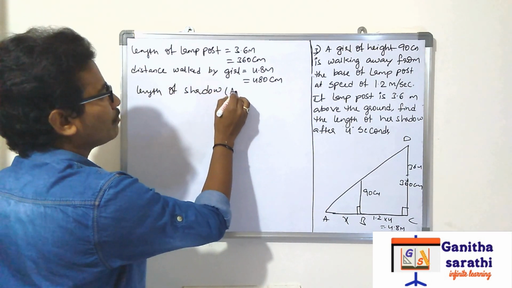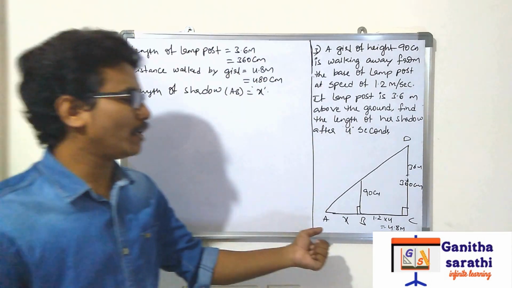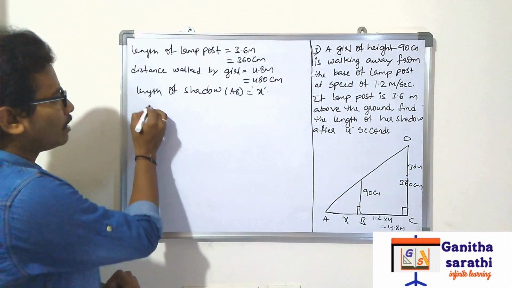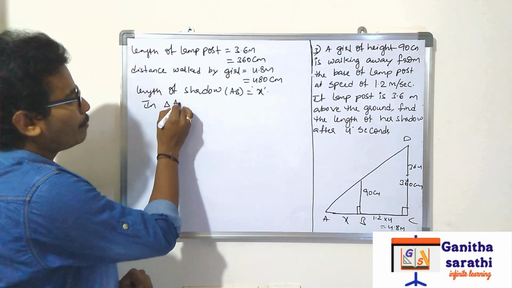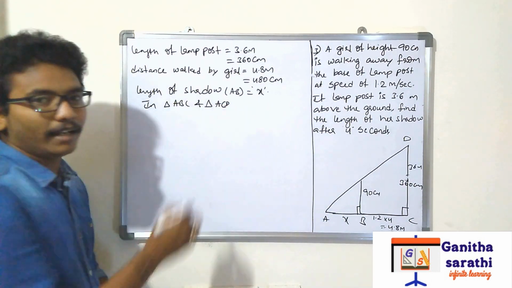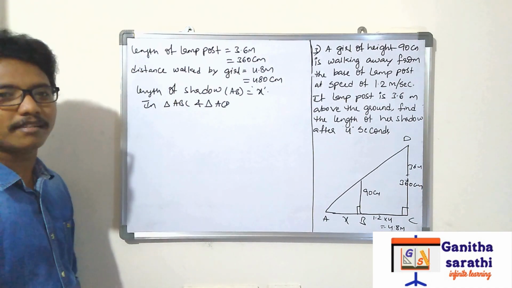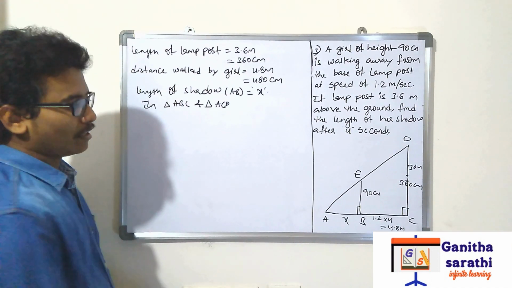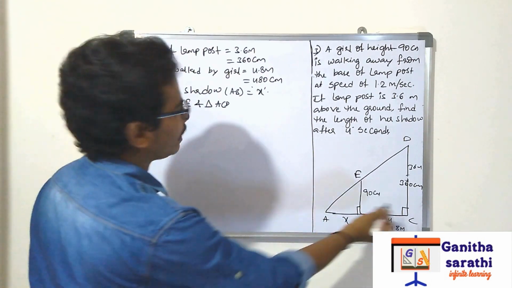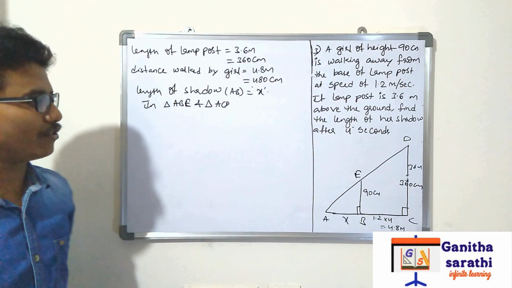For finding the length of the shadow, take the similarity theorem, similar conditions. See, this is a small triangle and this is a big triangle. First, in triangle ABE and triangle ACD, you have to prove the similarity first. How will you prove the similarity? We should find the similar condition, right?